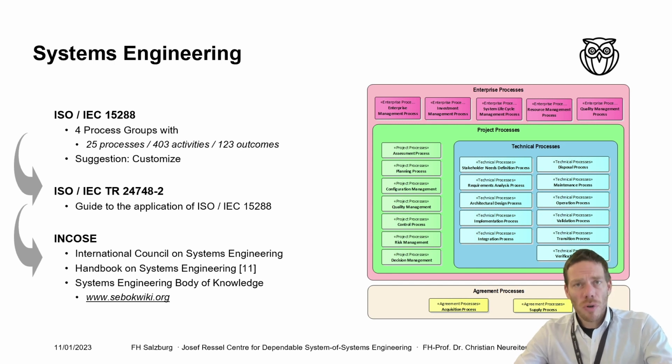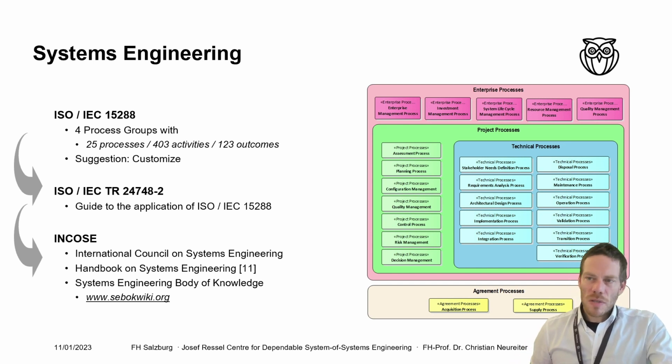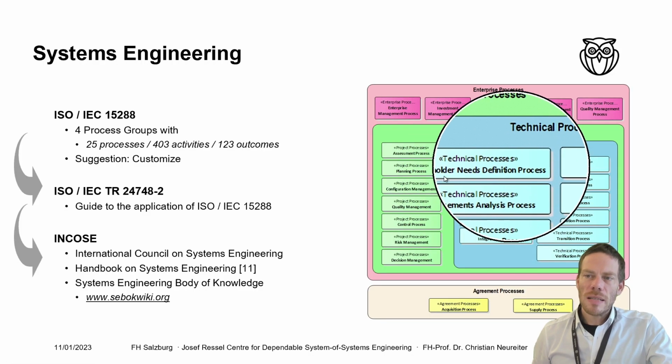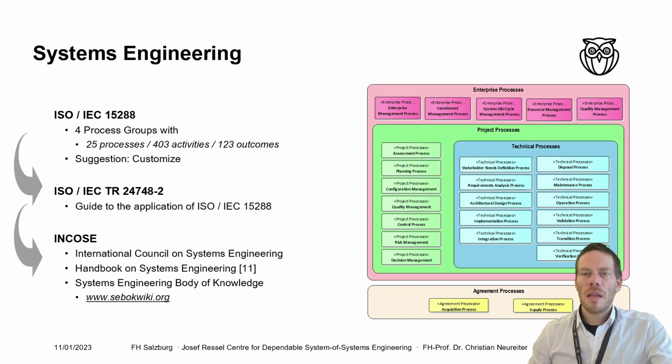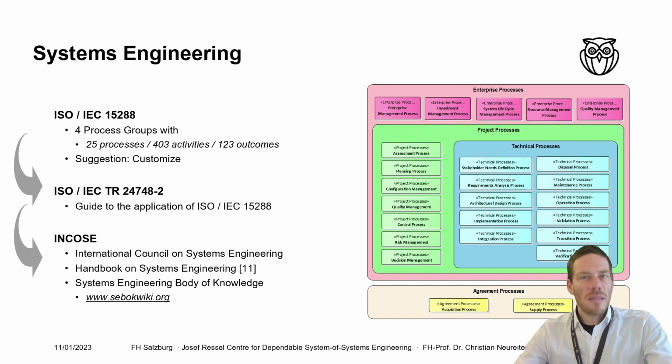This process framework tries to give us guidance on what needs to be done during development. And this is very interesting because it tells us, for example, that there should be something like a stakeholder needs definition process, but it doesn't tell us exactly how to do it.